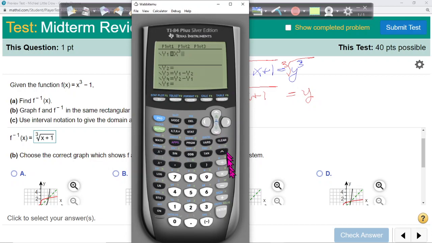Got to arrow out of that, minus 1. And then we'll graph the cube root. And to get a cube root, you could go to this math key, and they've got a cube root here. Here, cube root. And they've also got any other root if you need it. Do that, and we'll do x plus 1.